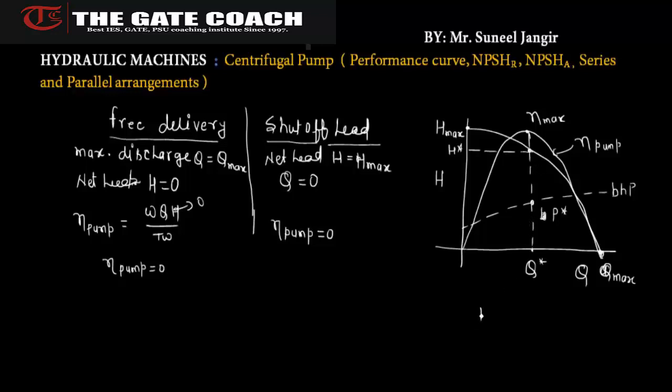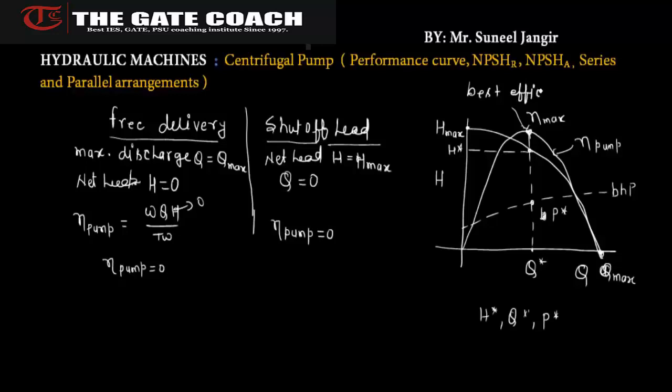So all these 3 points, that is H star, Q star and P star, are at the maximum efficiency, and these points are defined as the best efficiency point.